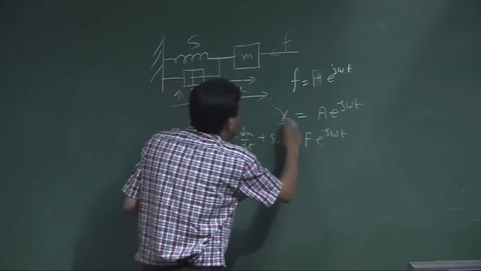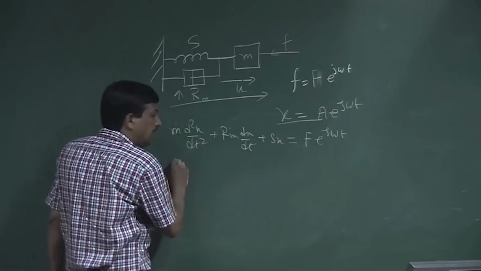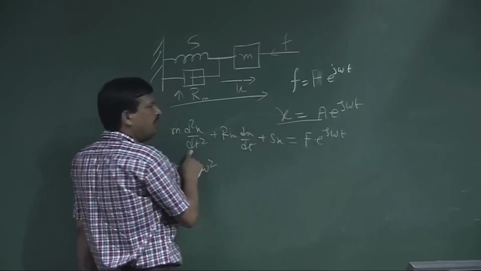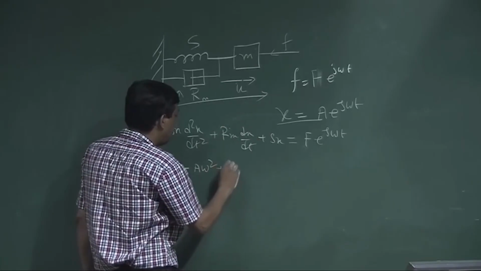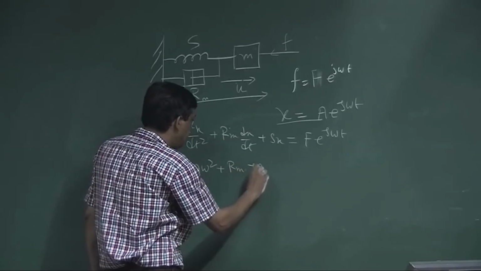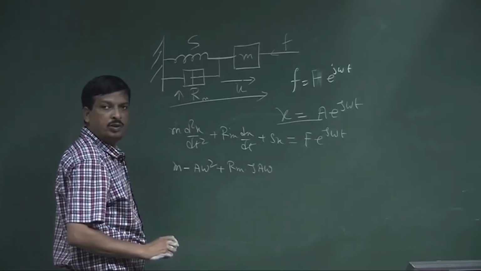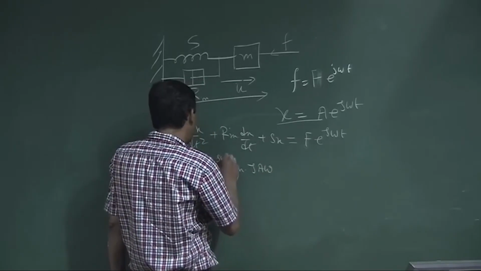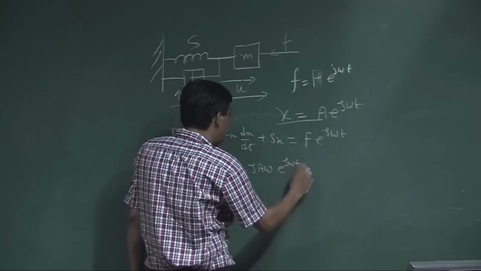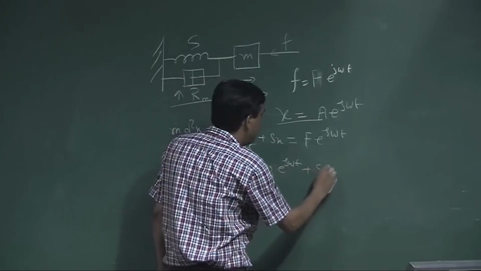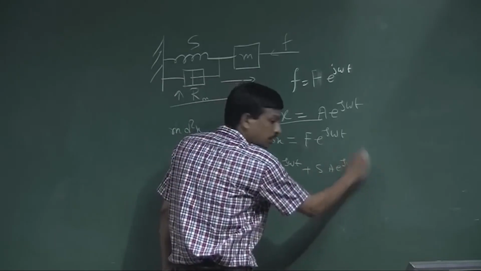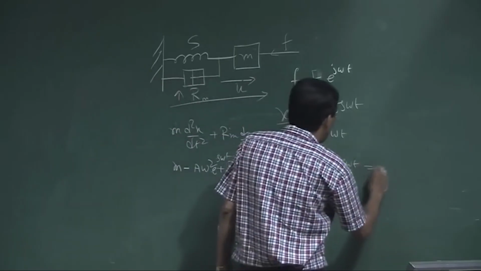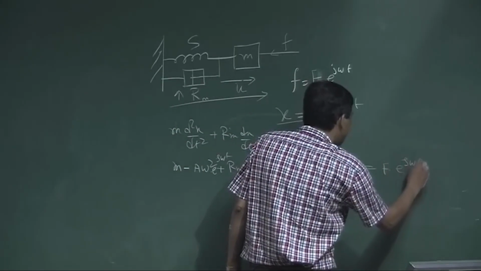Now, if I put the value of x in here, it is m into minus A omega square for d2x by dt square, plus rm j A omega, into e to the power j omega t, plus s into A e to the power j omega t, is equal to F into e to the power j omega t.